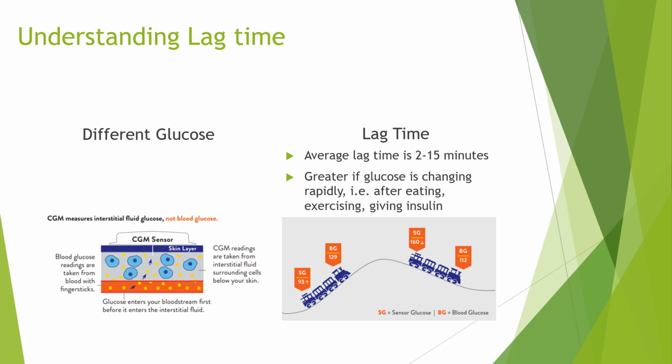So when someone corrects that sensor low reading, it also takes time for the sensor to pick up the change. So I usually advise people to go to finger sticks if they have a true low and they're correcting it with food. Go to a blood finger stick so that they can see that they're responding to that treatment.